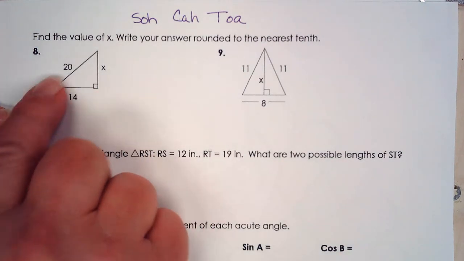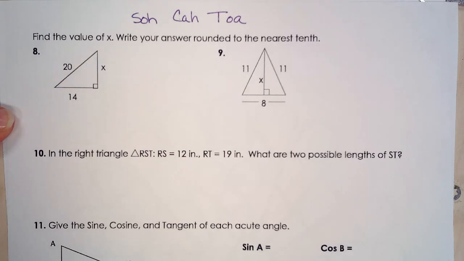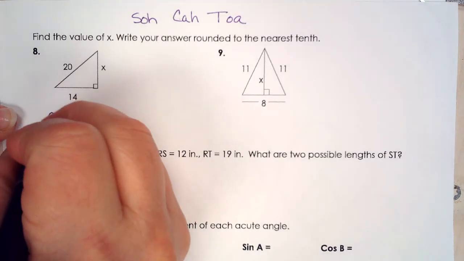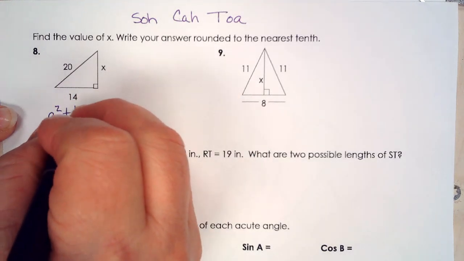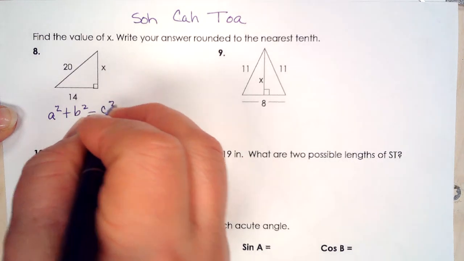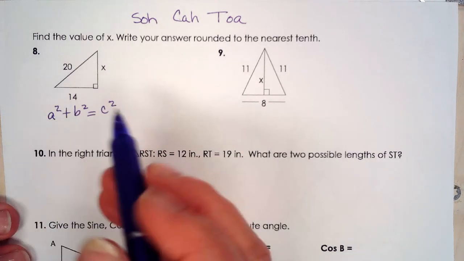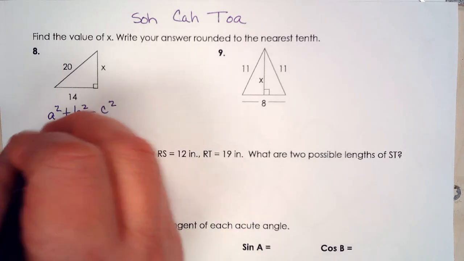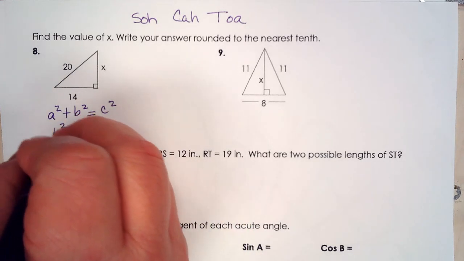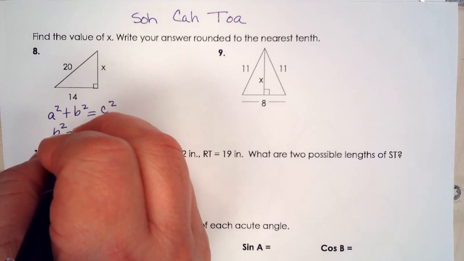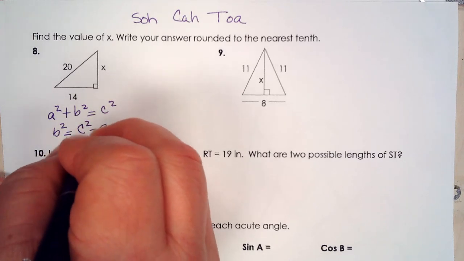Will I need sine, cosine, and tangent for this? Nope, I can actually use the Pythagorean theorem. A squared plus B squared equals C squared. I know my C, so I will be subtracting. So B squared is equal to C squared minus A squared.